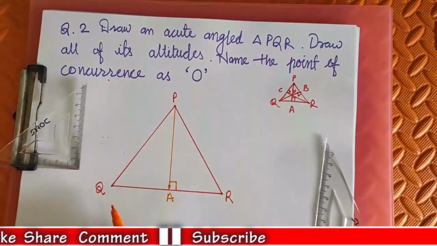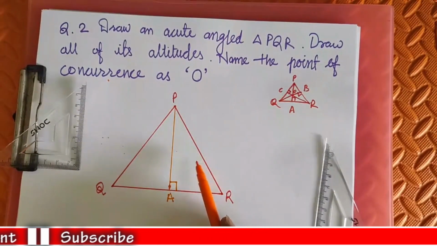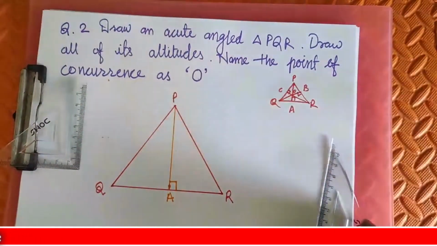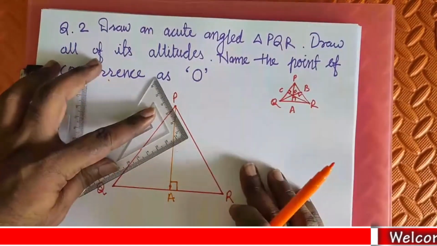Now from this vertex Q, we have to draw another altitude on its opposite side PR. I will use this set square.